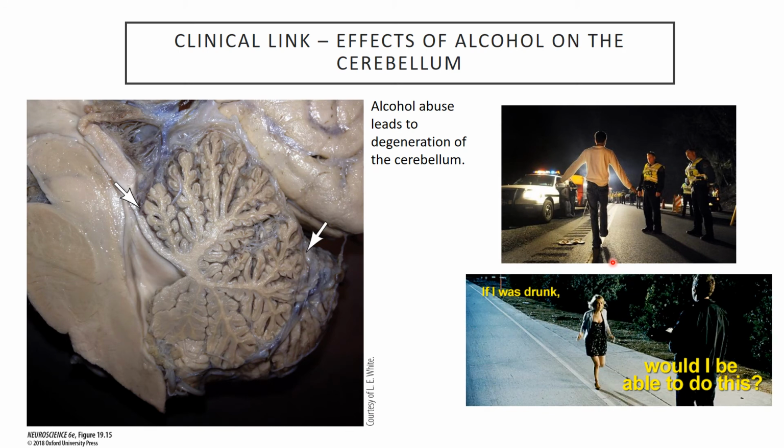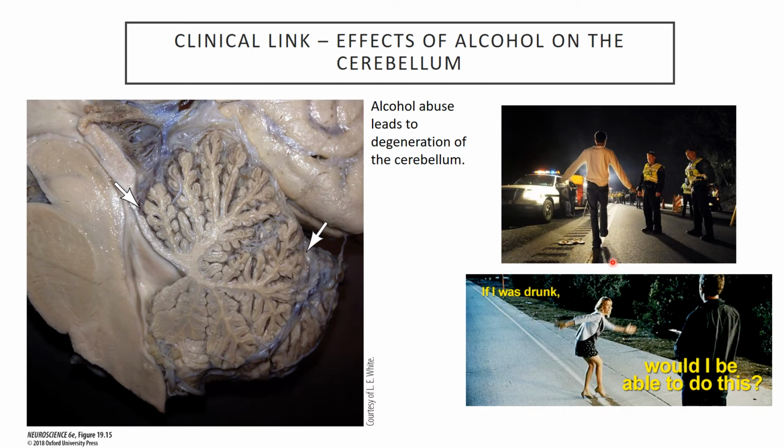And because you have so many of these neurons and the Purkinje cells are so sensitive to alcohol, having all this additional GABA change because of the alcohol, you're going to have enhanced GABA tone within the cerebellum, leading to uncoordinated movement. So, yep, don't drink and drive, kids.